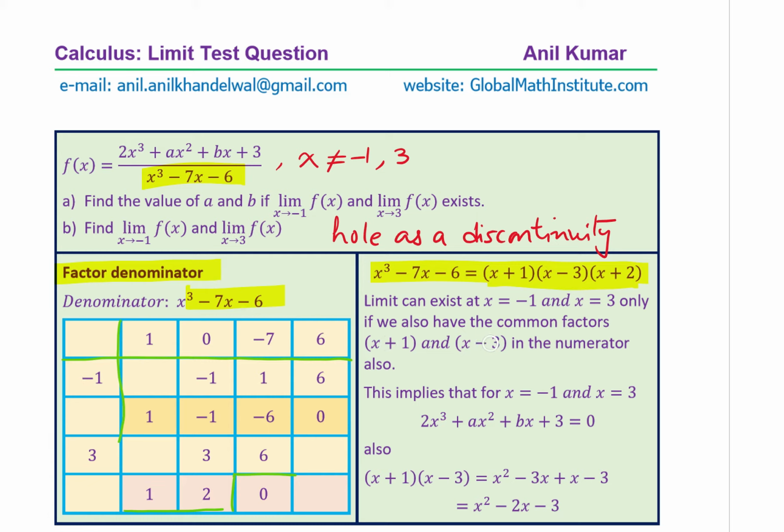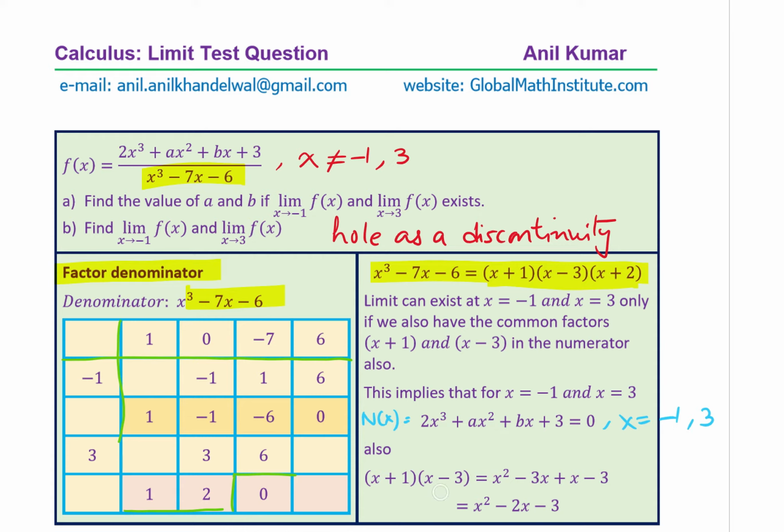So if I substitute x equals to minus 1 and x equals to 3, then the numerator, which is 2x cubed plus ax squared plus bx plus 3, should be equal to 0 for x equals to minus 1 and 3. Correct? That is what we are looking into, right? So let's now find out the value of a and b using this particular concept.